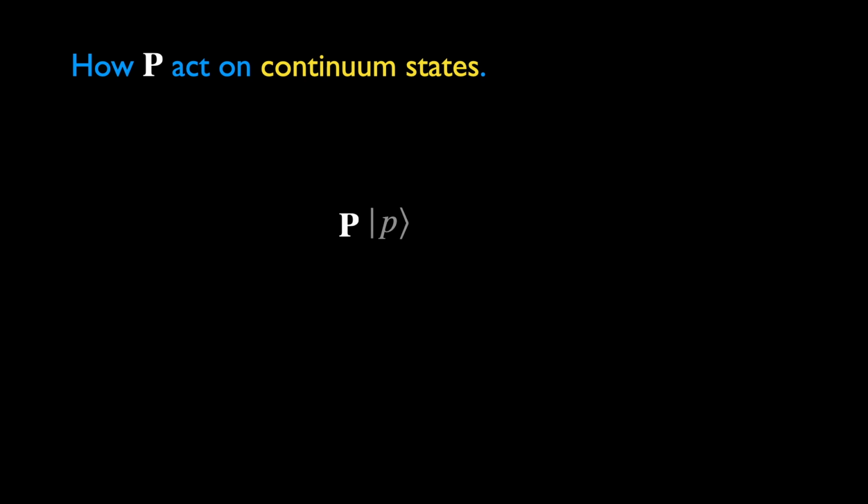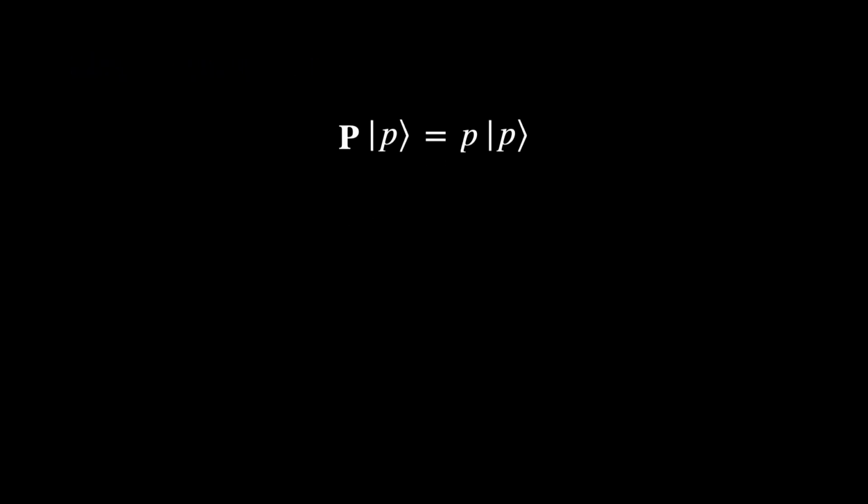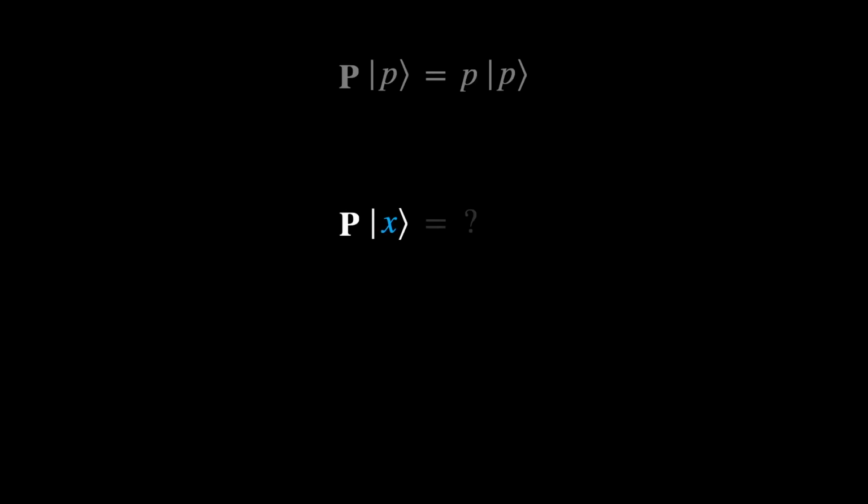Next, let's see how the momentum operator acts on continuum states. Its action on the momentum state is simple and is just given by the eigenvector equation. How about the position state? To find out, we can apply the identity operator in the momentum basis.